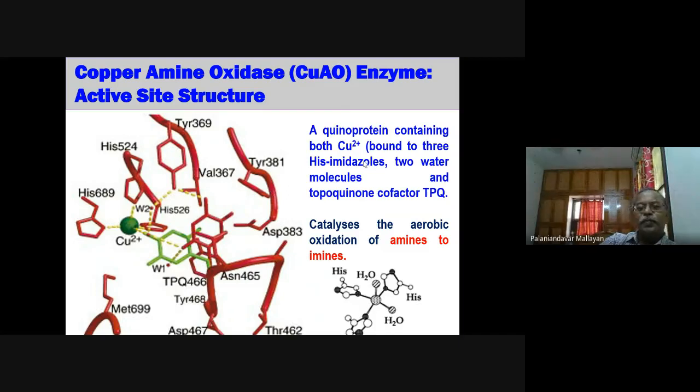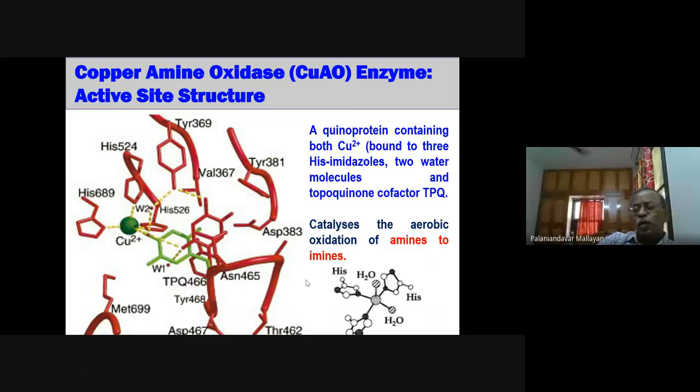So that contains both copper as well as the topaquinone cofactor, TPQ, this one. That is your dioxygen, which is bound to the hydrogen atoms of water, another double bond here. Okay, so this is a very interesting molecule, and we also tried to work on the mechanism.